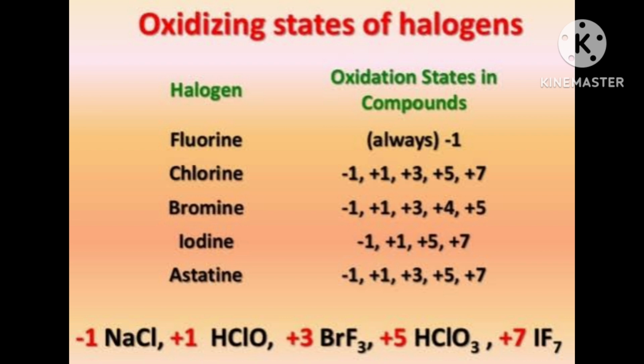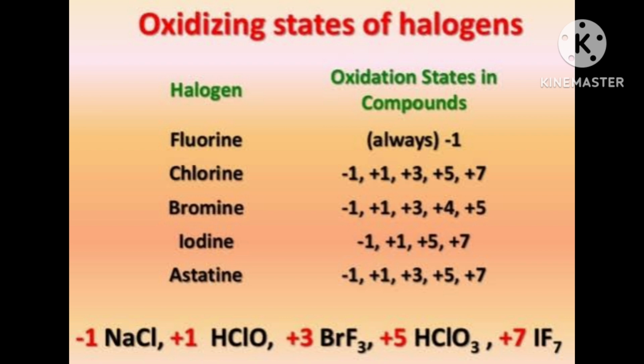Now come to iodine. Krypton is filled, then 4d10 5s2 5p5. For astatine, xenon is completed, and after that 4f14 5d10 6s2 6p5. The atomic number is 85, so it is arranged like that.